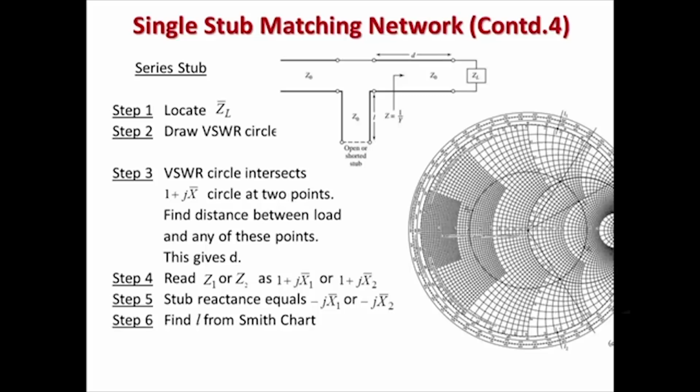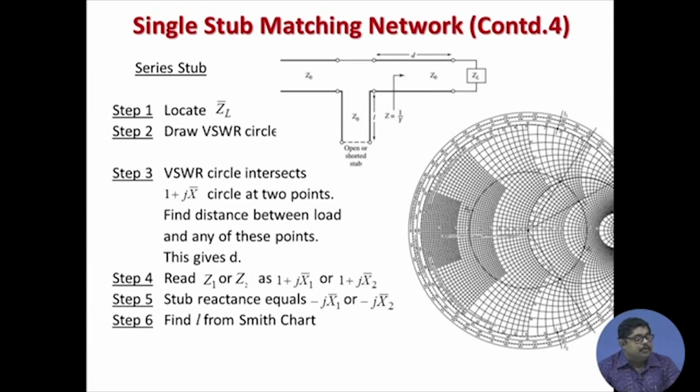Based on that, this is for the series stub. Here you need not go to the admittance plane. Here first you locate your load impedance, then you draw the constant VSWR circle, as you see in the Smith chart.